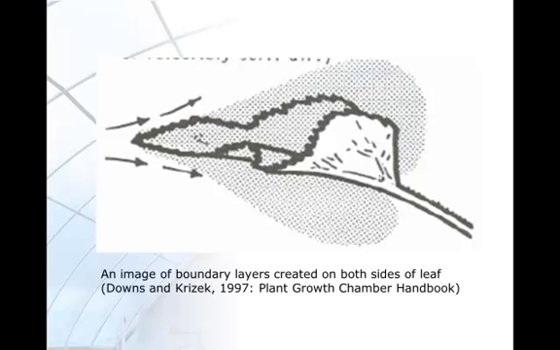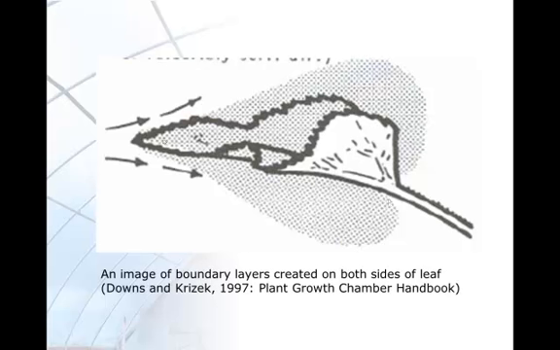And actual development of boundary layer is not uniform. It depends on the size of the leaf, and also on the air circulation around the leaf, and on the surface structure of the leaf. So this is another drawing to show how boundary layer might be developed over the surface. The boundary layer is created on the upper surface of the leaf and also the lower surface of the leaf.